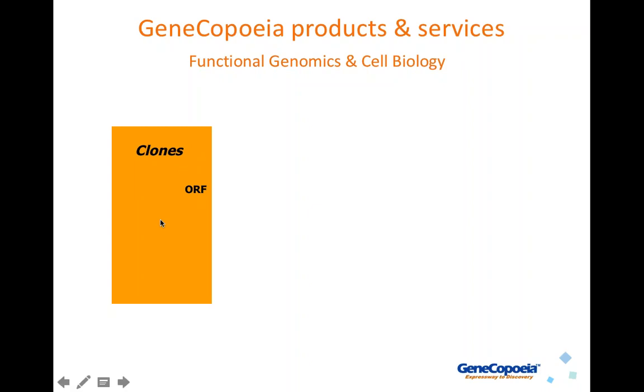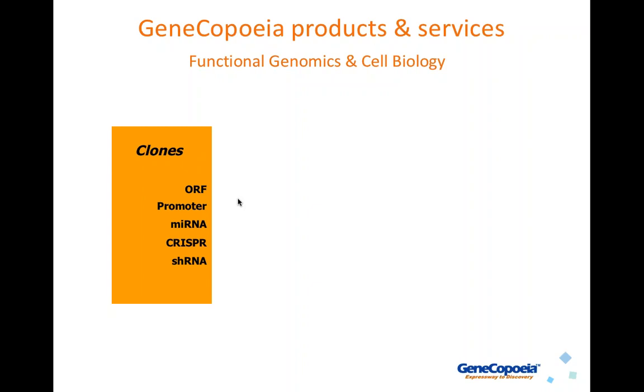We started out as a provider of a large collection of ORF or open reading frame clones for humans, mouse, rats, and other organisms. But since then, we've added clone types such as promoter-reporter clones for mammalian promoters, microRNA clones of various types like 3' UTR target, precursor, and inhibitor clones for studying microRNA biology, CRISPR clones, you're going to hear a little bit about that today, and shRNA clones for various knockdown applications.